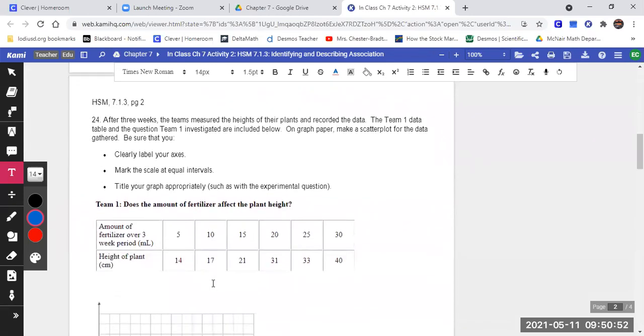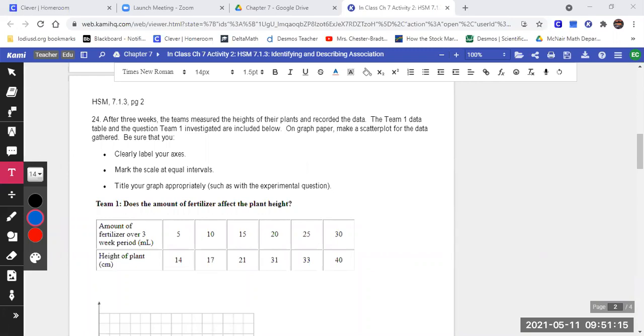Okay. So now we're going to actually check if the amount of fertilizer affects the plant's height. So we're going to test one of these hypotheses. We're going to test what we believed was going to happen, that as we increase the fertilizer, the plant's going to grow bigger.